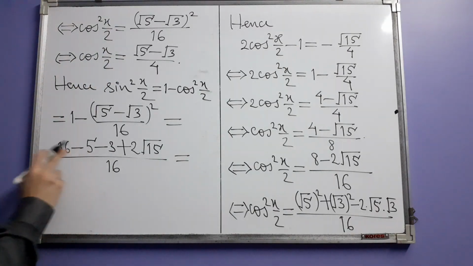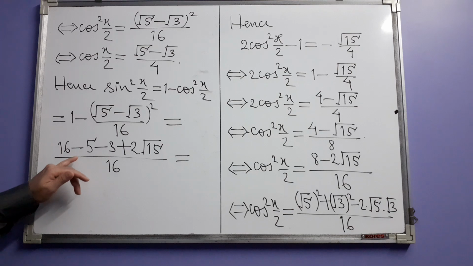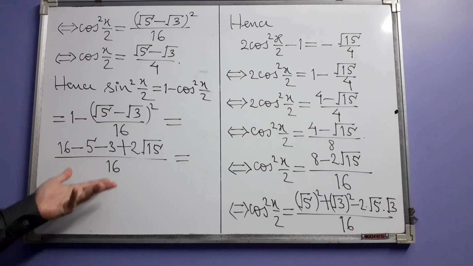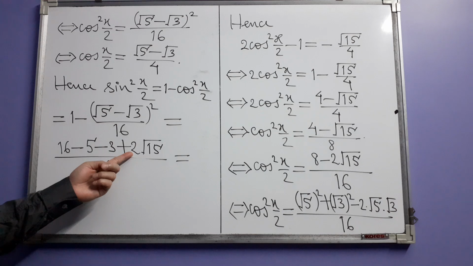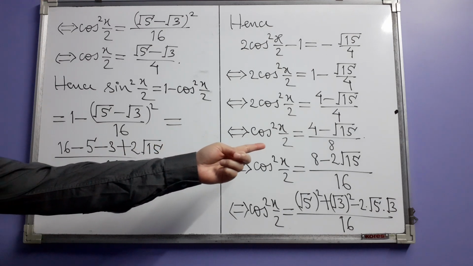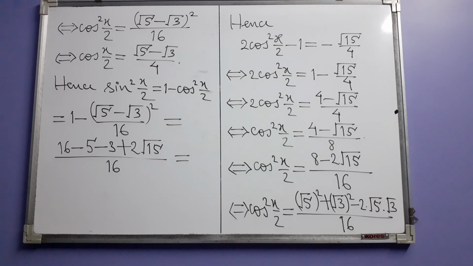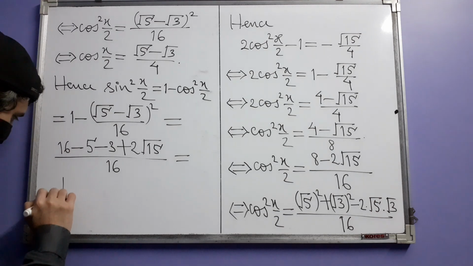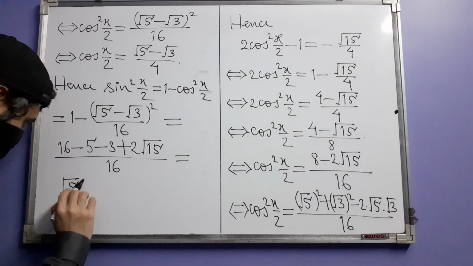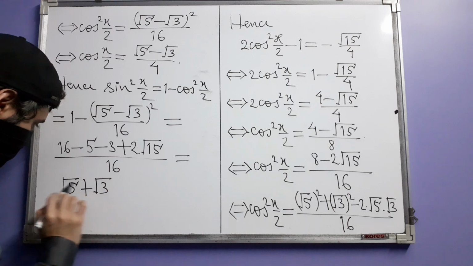So what shall we get here? You see that this is minus 8. So you get 8. But this time there is a plus. There you had 8 minus 2 root 15. Here you have plus. So I am just directly going to write this.